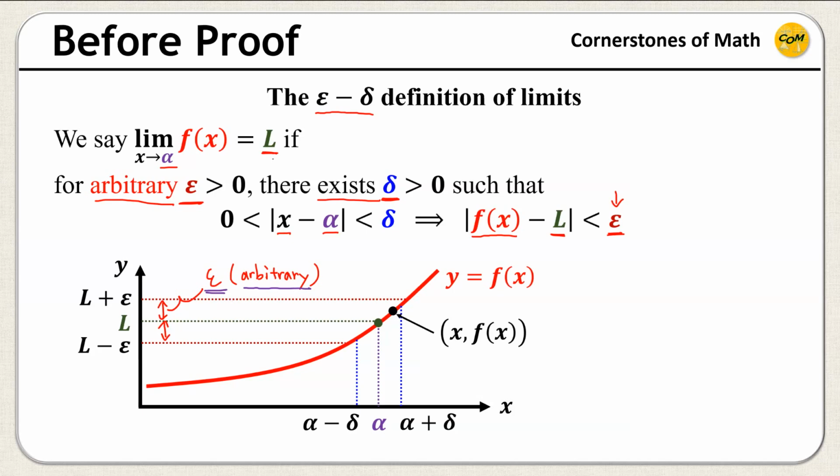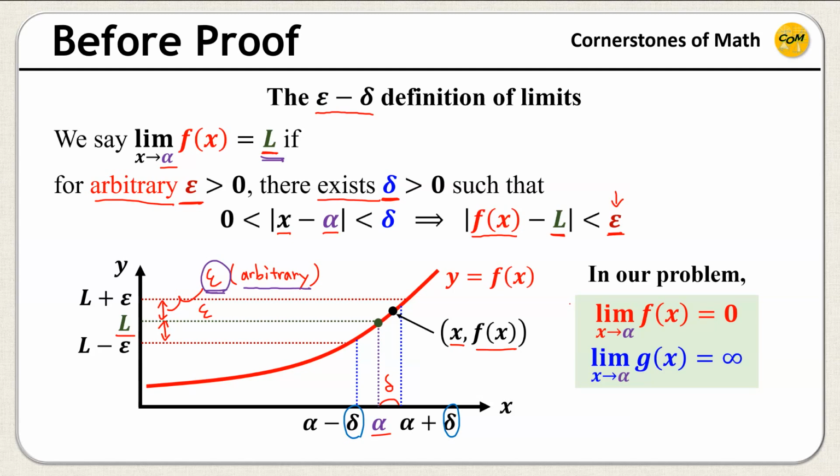The function f(x) converging to L means that however small this epsilon might be, we can always find this positive number delta so that if the distance between x and alpha becomes less than delta, then the distance between f(x) and L becomes less than epsilon.